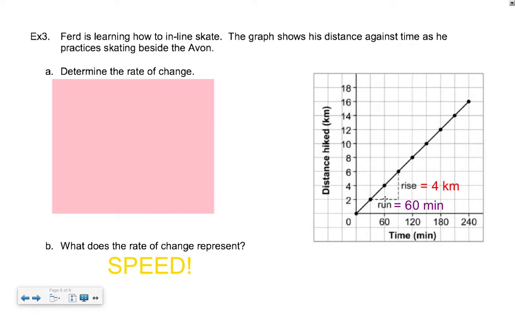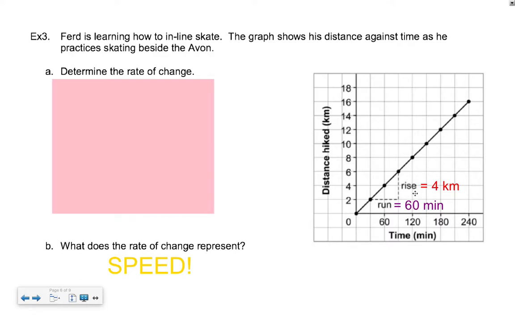So again, you're not using the first number, you're not using the middle number, even though it happens to be in this case, and you're not using the last number. You're using how far it goes over from the start of your triangle to the end of mine. And I could draw a triangle anywhere as long as I use the rise and run that go with my triangle.